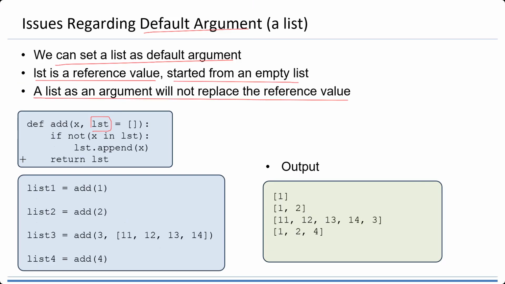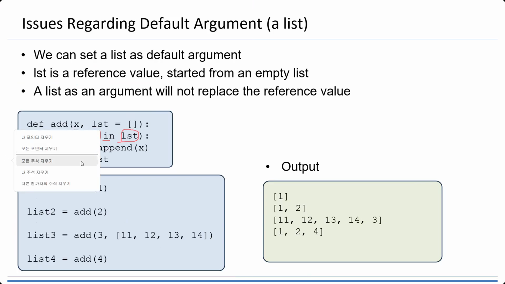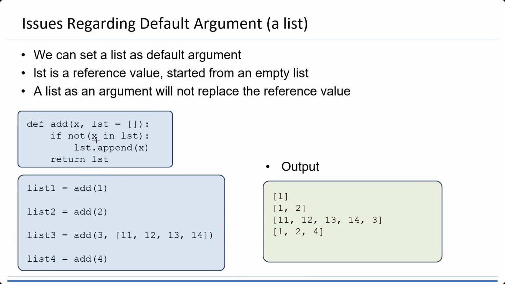Now, let's see one by one. We have a function add, and then we have two parameters, x and lst, which is an empty list. If not x in lst, it means when x, which is this value, is not in the list, then let's append x.